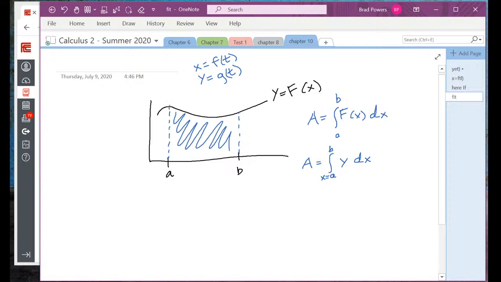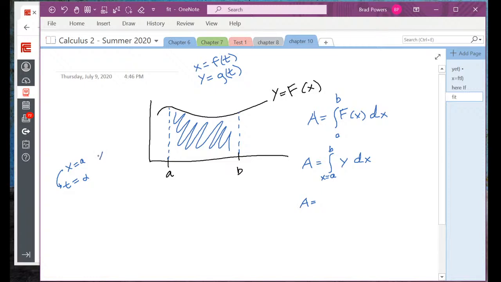Does t equal the same thing as a here? No. T is going to be some totally other value. Who knows? Right? We've got to figure that out. But we can totally figure it out. Whatever t value is when x equals a. Let's say when x equals a, t equals alpha.